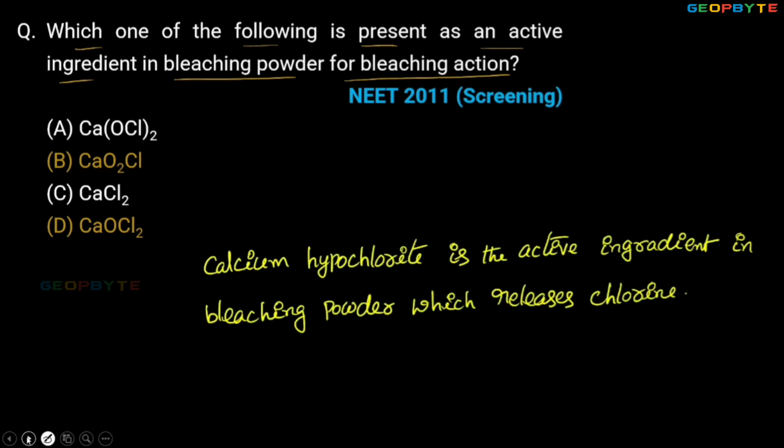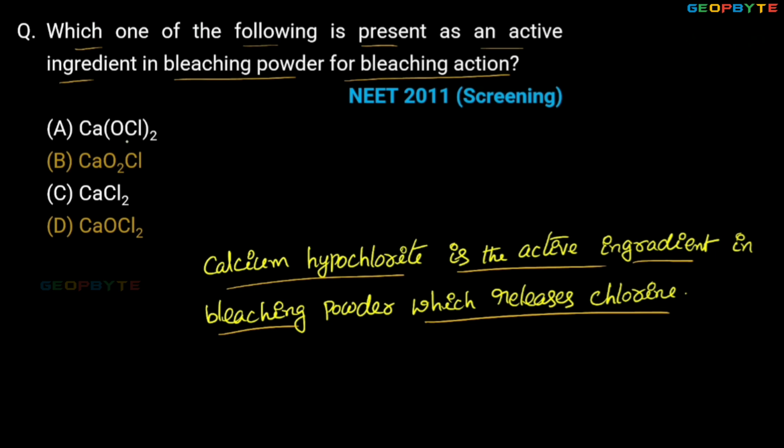Dear friends, remember, calcium hypochlorite is the active ingredient in bleaching powder, which releases the chlorine. Therefore, option A is absolutely correct.